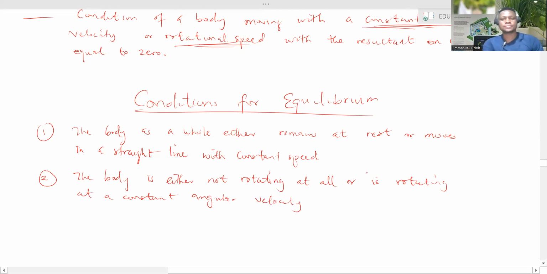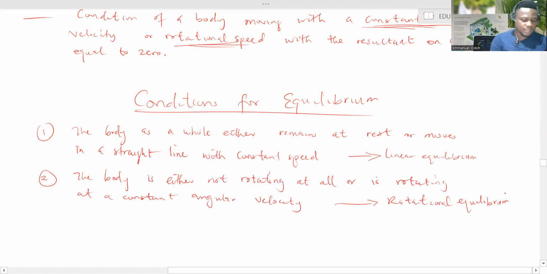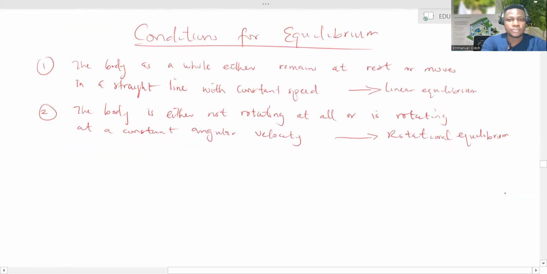So the first one talks about linear equilibrium. And then the second one talks about rotational equilibrium for bodies that are rotating. So these are the two conditions that are very important for us to know.